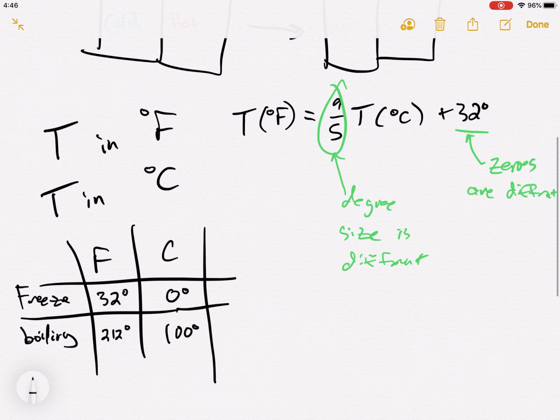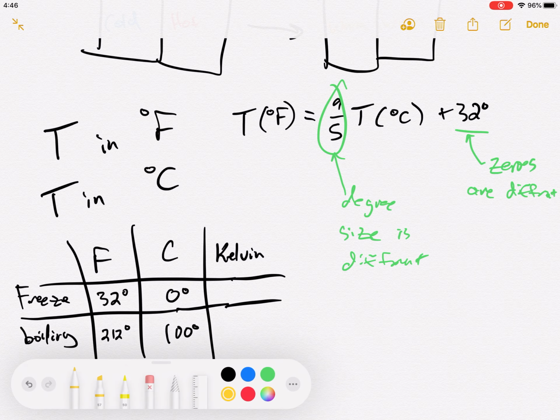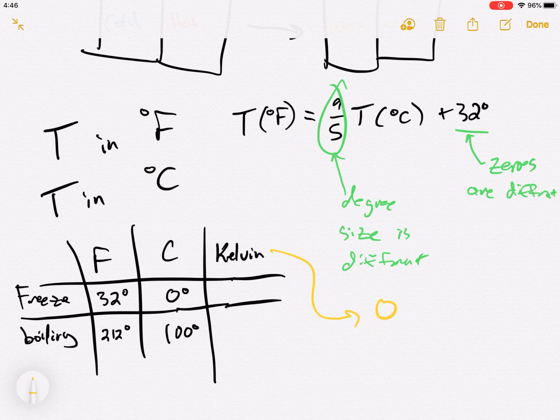So for that we use Kelvin. For the Kelvin scale, 0 Kelvin is the lowest temperature. Period. You cannot get lower than 0 Kelvin. And we'll see how we define it, or how we relate it to energy, in a future video.